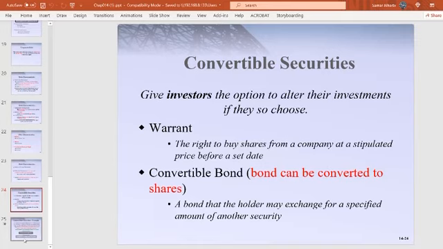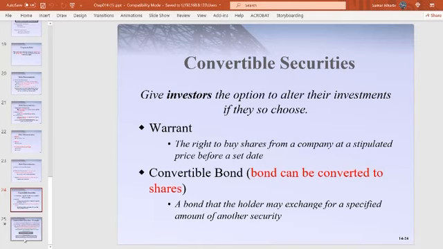You have a warrant, and I give you a right to buy shares of my company at, let's say, $20 before 31 December 2021. So the shareholder has a right to buy those shares at $20, even if the market price is $50.